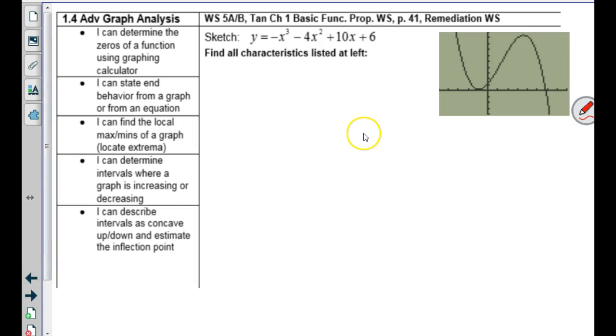All right, so this is a graph analysis question. Can everybody take a second to type this in their calculator so we can do this accurately?